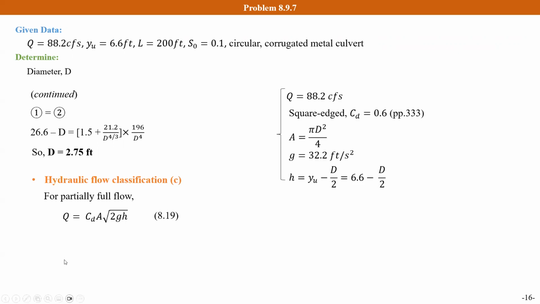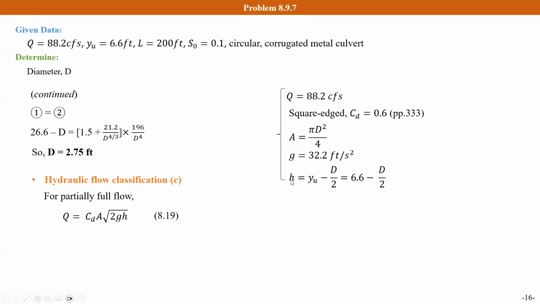In this equation, the flow rate is given, it equals 88.2 cubic feet per second. And because it's a square-edged entrance, the coefficient is 0.6. We can calculate the cross-sectional area by using pi times d squared divided by 4.